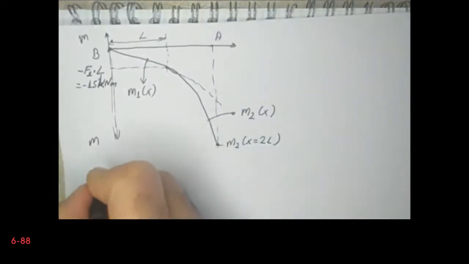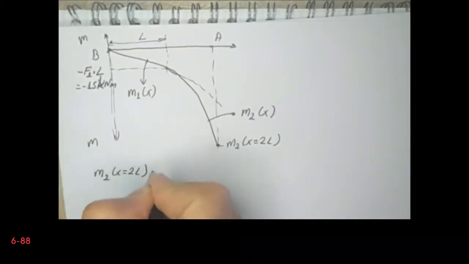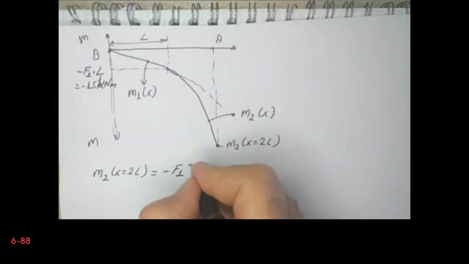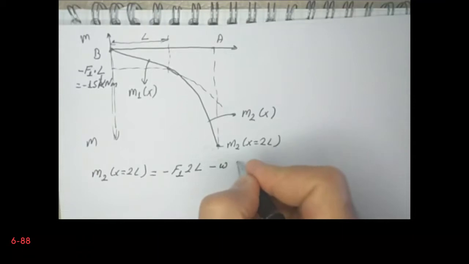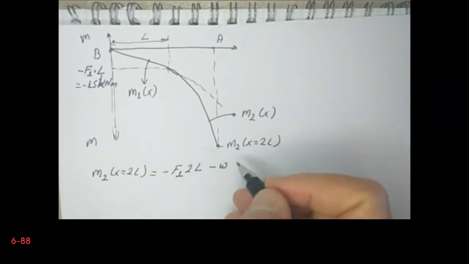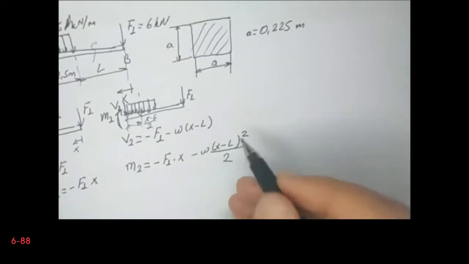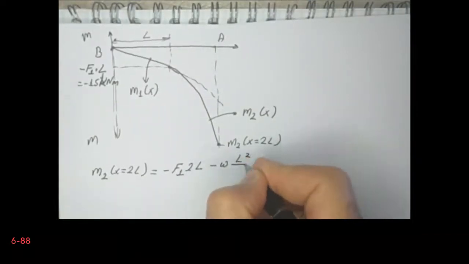So M2 x equal to 2L is equal to minus F1 multiplied by 2L minus W. If you substitute 2L into x, the expression inside the parentheses will become L. So this is L squared minus L squared divided by 2.